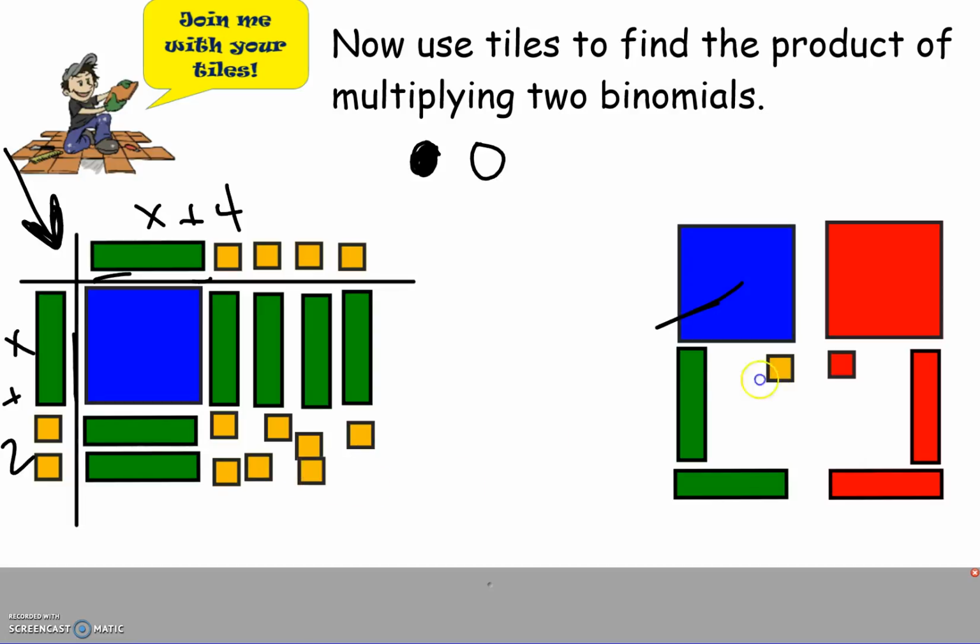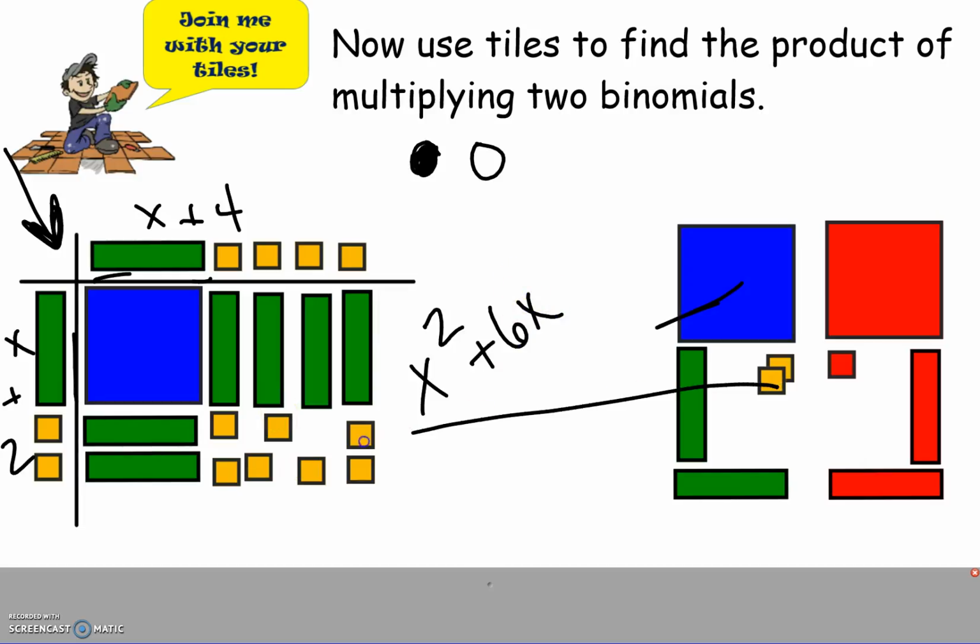And mine aren't very straight, but you get the point. And I have an extra one, so we'll put that up. So our answer would be x squared plus 6x because there's nothing to cancel, plus 8.